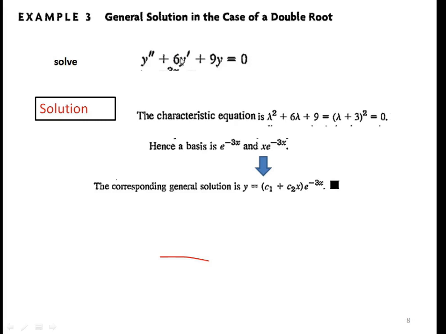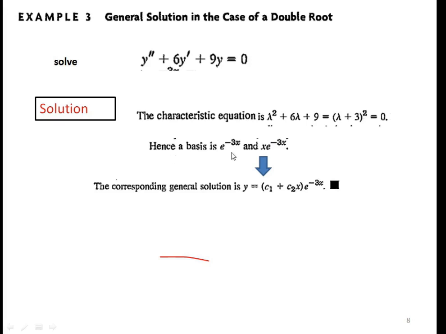You can see this is a equal to 6 and b equal to 9. The characteristic equation is lambda squared plus 6 lambda plus 9, and this is equal to (lambda plus 3) squared.